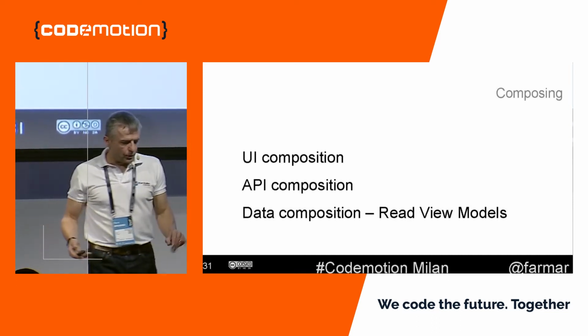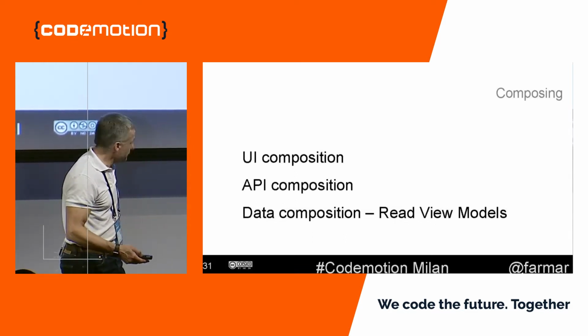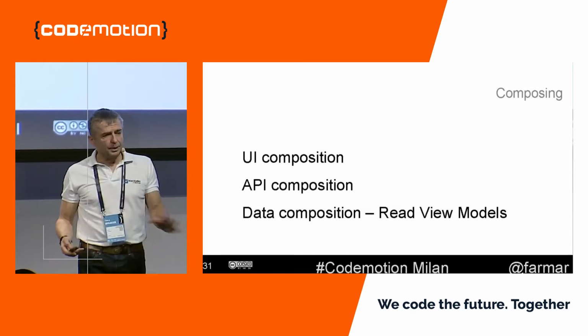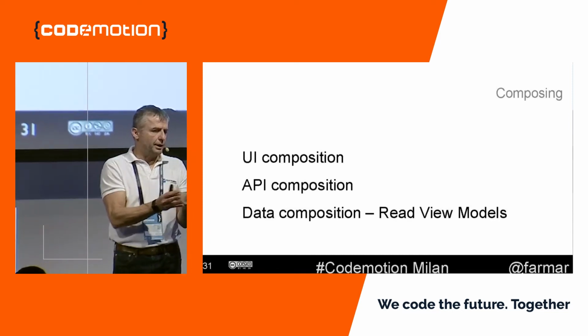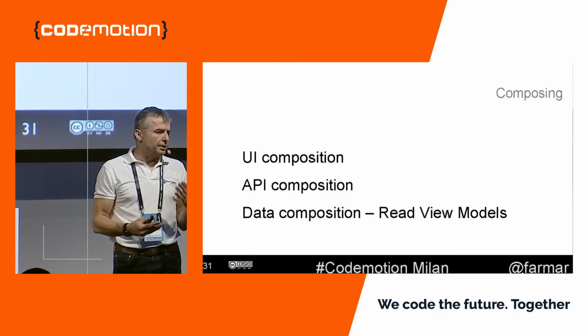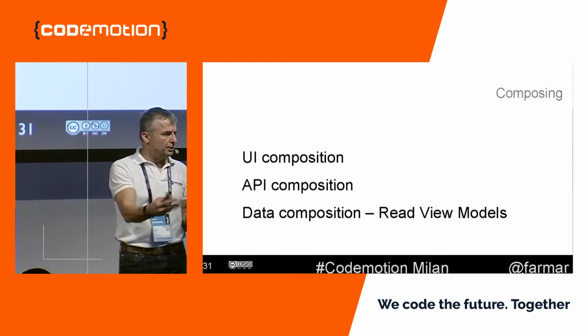I don't have time to talk about read view models, but think about it: every one of your bounded contexts really owns its own data, and effectively they don't need to share it.